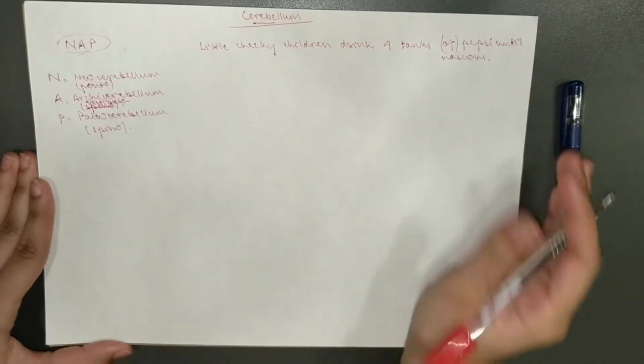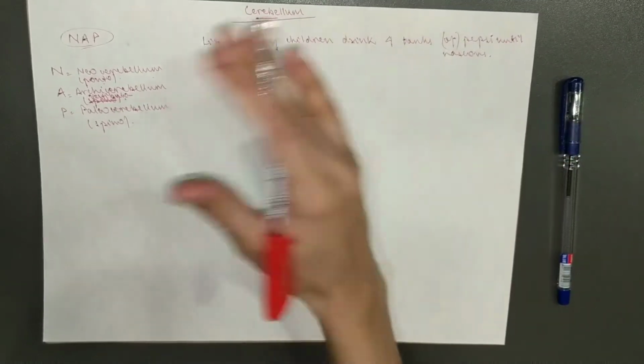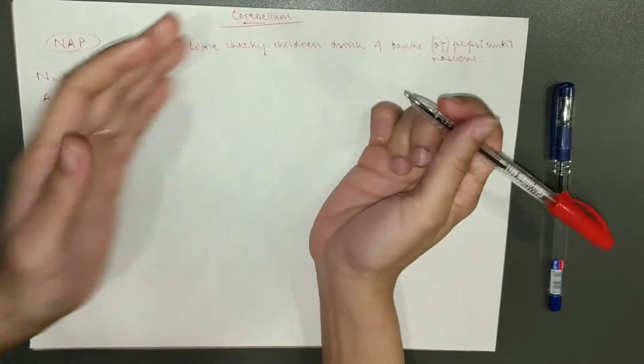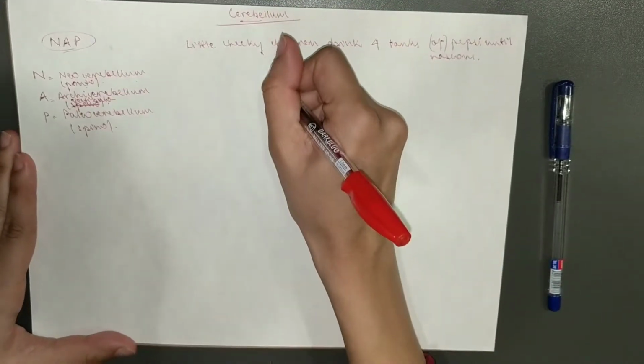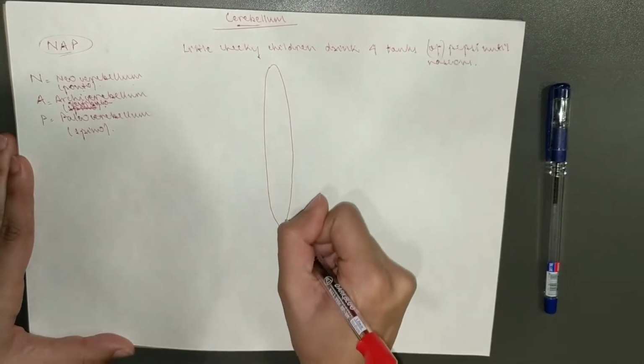Now we need to draw out the cerebellum. You can draw it with me. So the cerebellum has 3 parts. You've got 2 lateral hemispheres, which are separated by a middle region, which is called the vermis. So let's draw it. For example, that's our vermis.